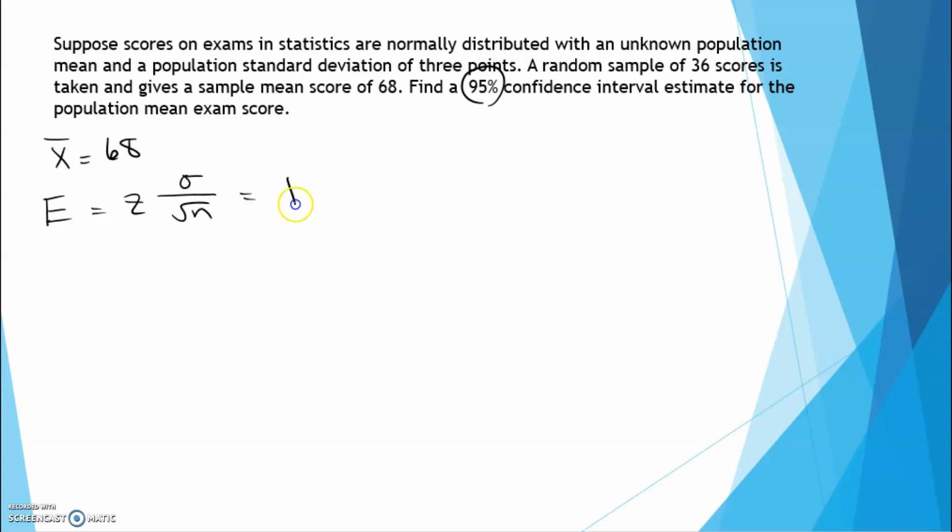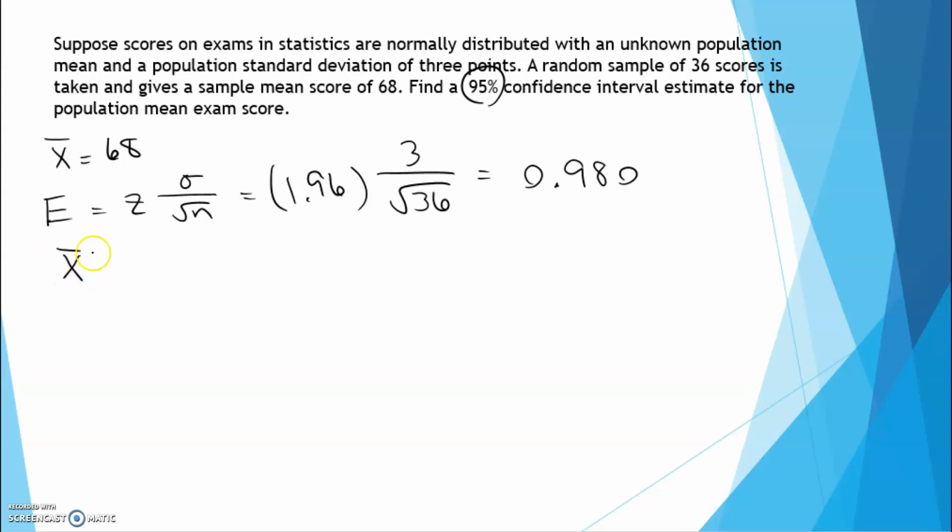Okay, so we have 1.96 times 3 divided by the square root of 36, which gives us 0.980. Okay, so I can plug that into my confidence interval. So X bar minus margin of error less than mu less than X bar plus the margin of error.